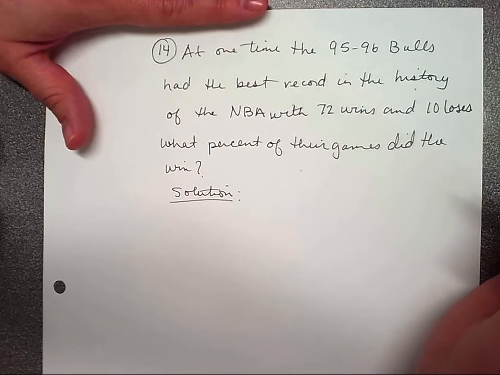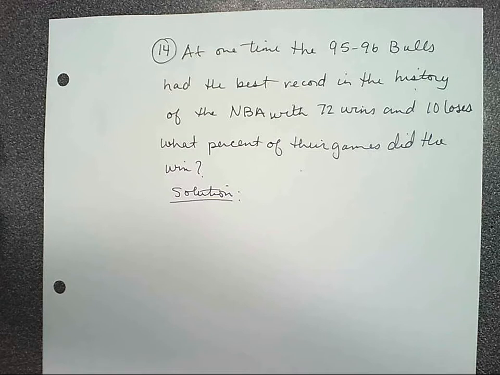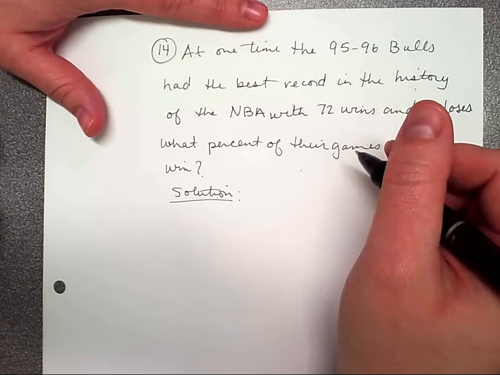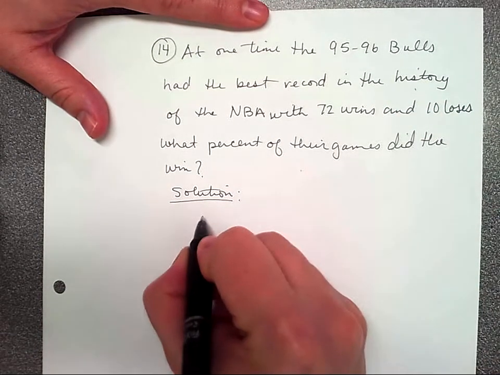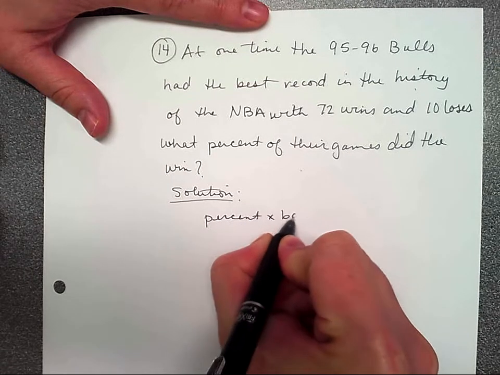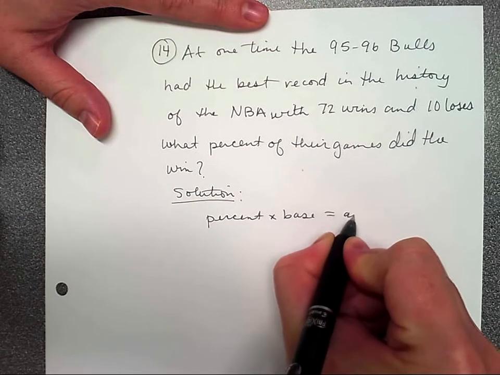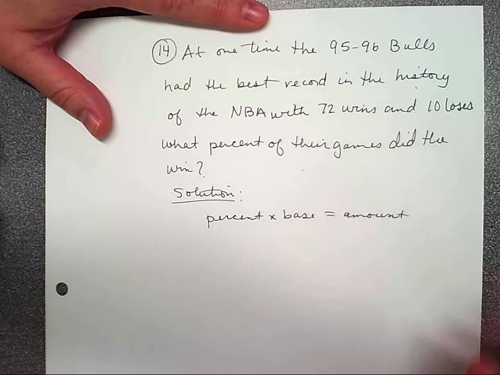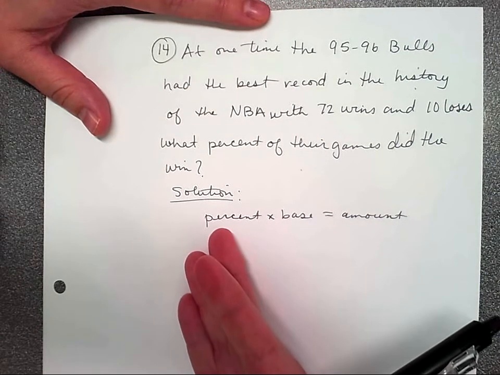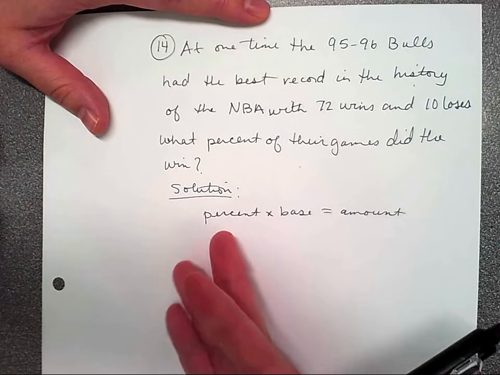Okay, so let's remember our formula. We have the percent times the base equals the amount. So we're trying to figure out the percent from this equation, right? What's after did?